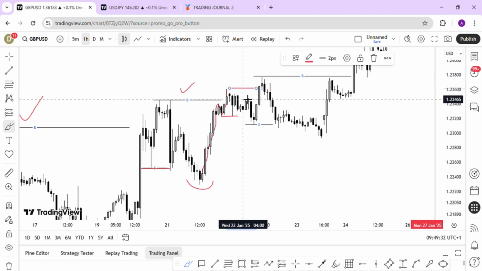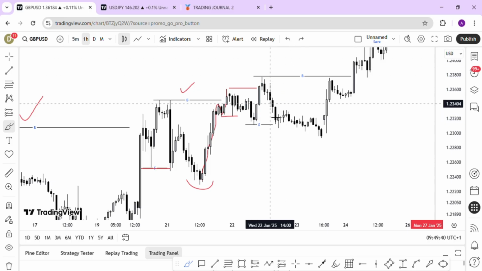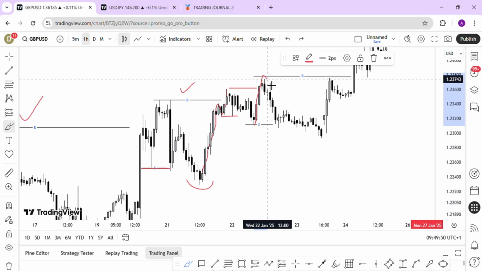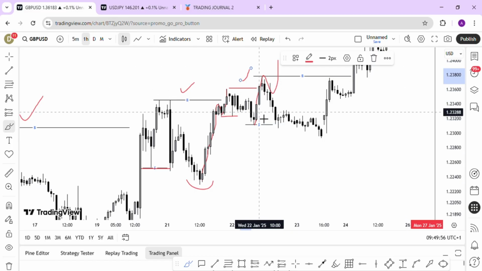Now, this level is supposed to be our break of structure. But you can see that as the market is trying to break the structure here, there is no valid pullback. So that's a sign that the liquidity is resting below here. Since there is no valid pullback, assuming that the market creates another value pullback and pushes up, then this level will be our break of structure.